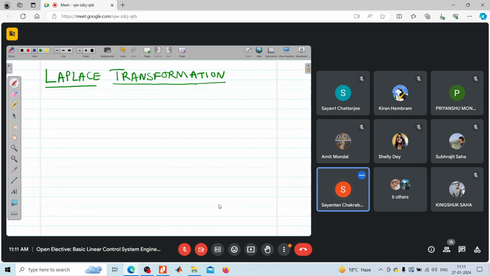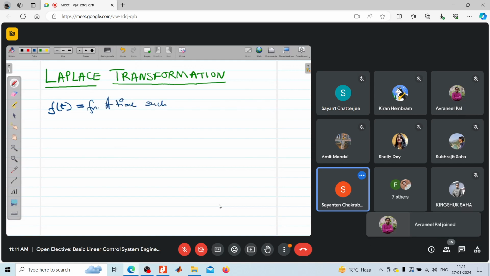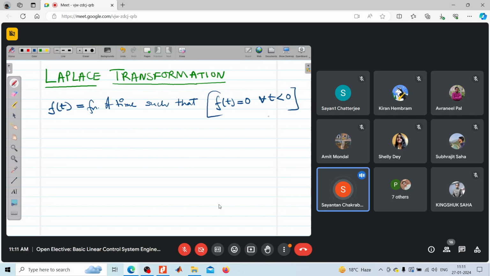So given f(t), which is a function of time, we shall consider f(t) equal to 0 for all t less than 0. That is, the function is only defined in the range t greater than or equal to 0.